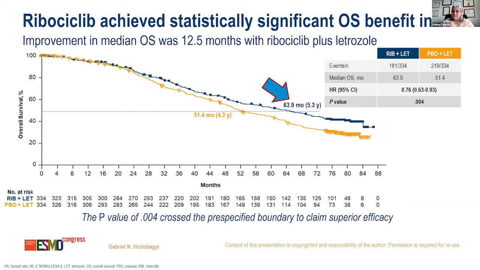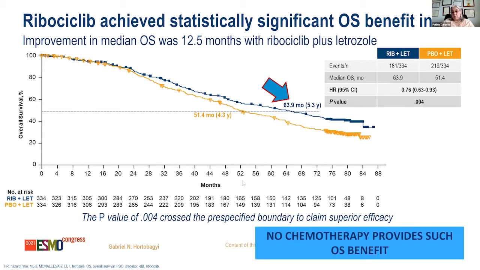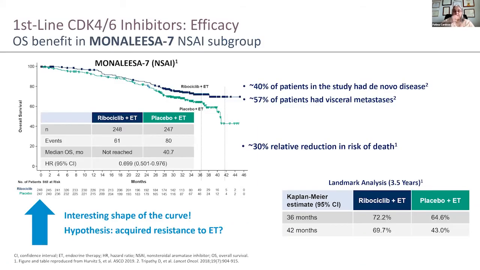And they also live longer with these treatments. And it is important to realize that no chemotherapy is able to provide this benefit. And that's why we keep on fighting for this subtype, that we base our choices on endocrine-based treatments and not chemotherapy.